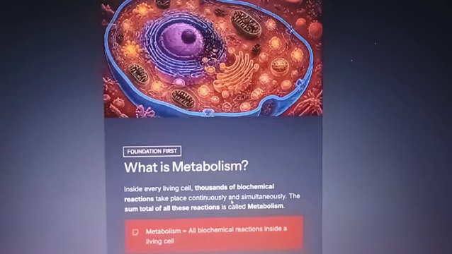Inside every living cell, thousands of biochemical reactions take place continuously. These reactions are not isolated and many of them occur simultaneously to maintain the normal functioning of the cell. And the sum total of all these biochemical reactions taking place inside a living cell is known as metabolism.